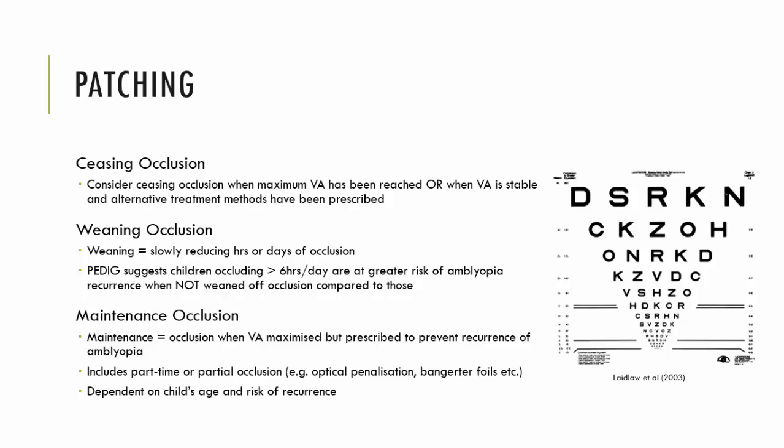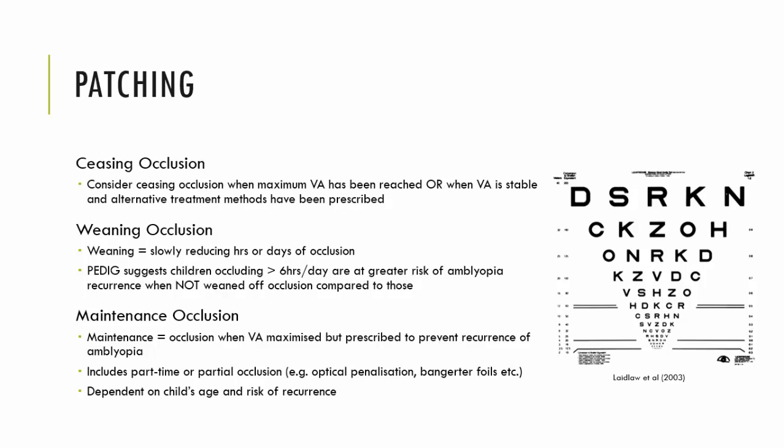The other consideration is that you don't actually wean your patient off, but you do what's called maintenance occlusion, which means that you continue to patch by a small amount in order to maintain the visual acuity that you gained. Generally, you'll have to gauge the risk of the recurrence of amblyopia as to whether you feel that you need maintenance occlusion or not.